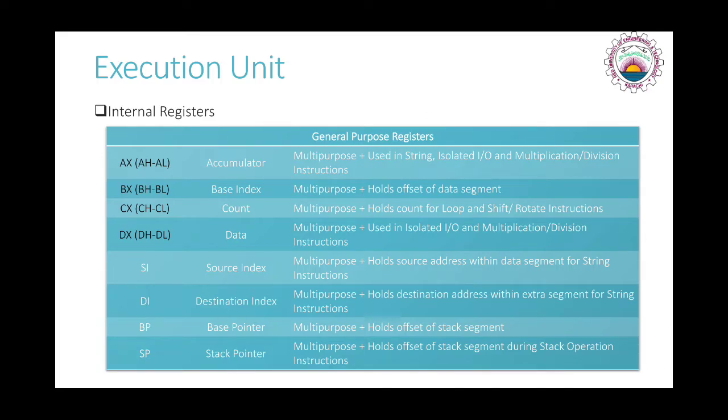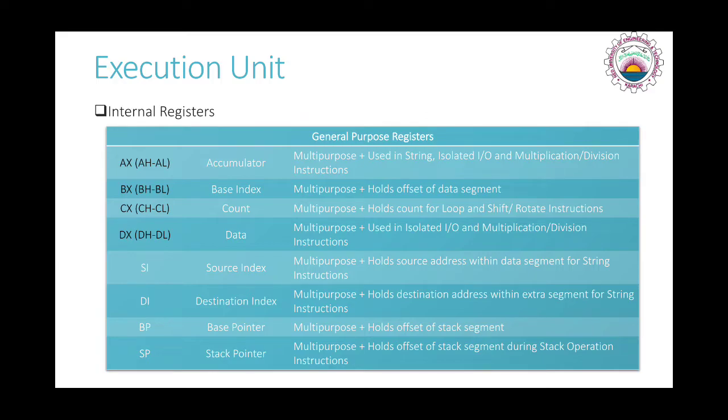Then DX register is called data register. In addition to the multipurpose operation, DX is used within isolated IO instructions and multiplication division instructions. So we'll be discussing this register also within instruction set topic.